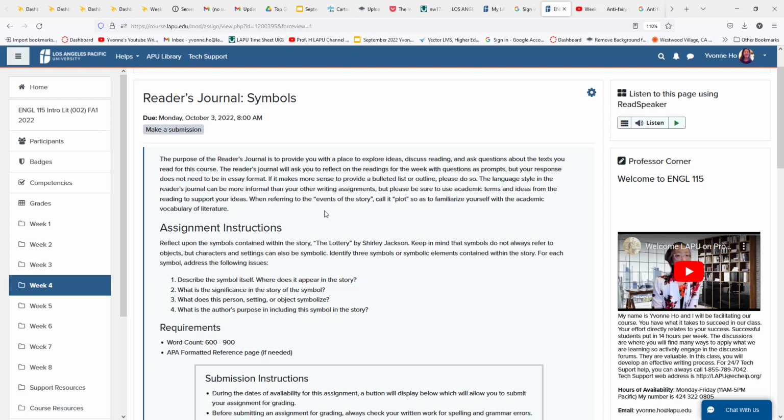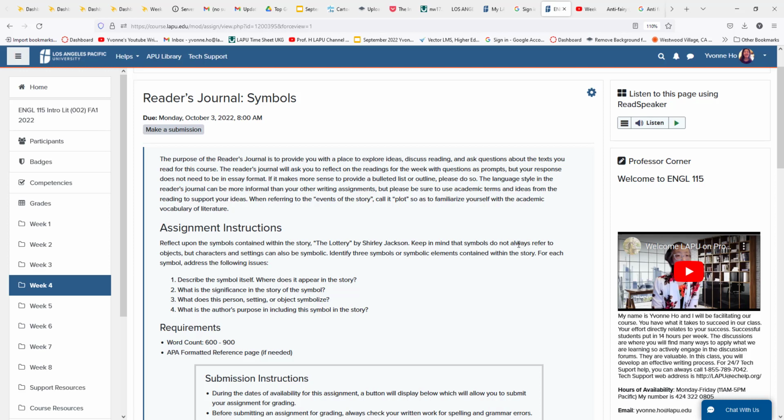When referring to the events of the story, call it the plot, so as to familiarize yourself with the academic vocabulary of literature. So for week 4, in the reader's journal on symbols, you're going to write about the symbolism of the story. Reflect upon the symbols contained within the story The Lottery by Shirley Jackson.